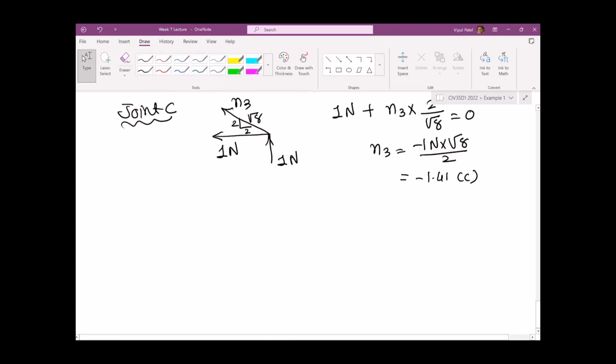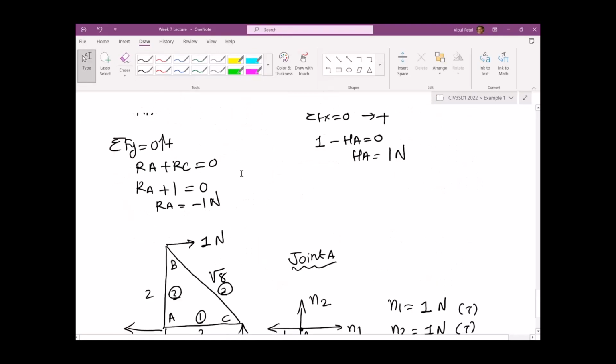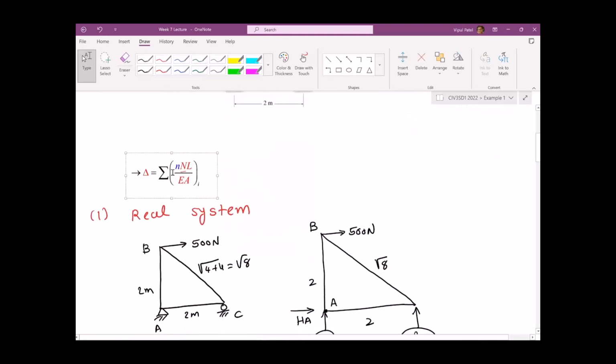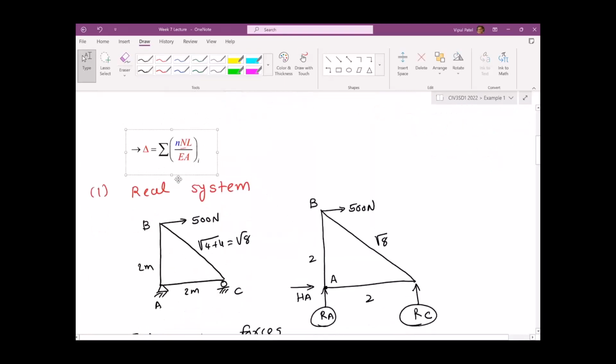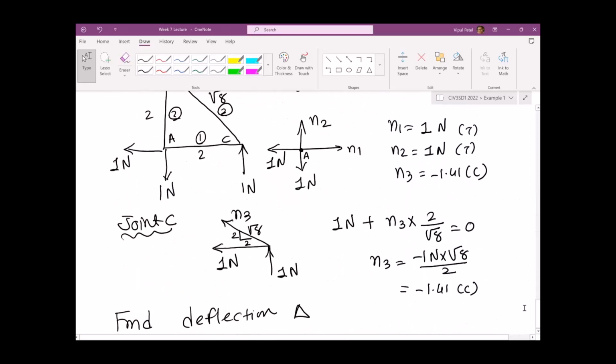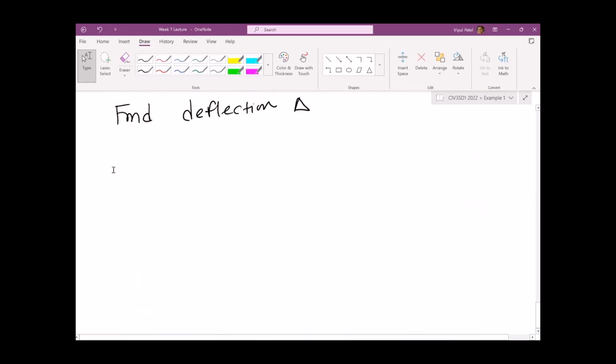Okay, now we can find the deflection using the equations. What equations am I talking about? These equations. Let's copy that and paste.